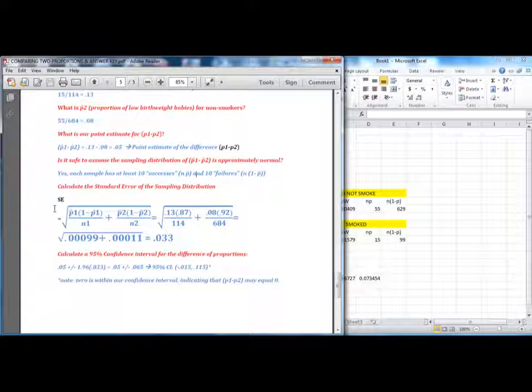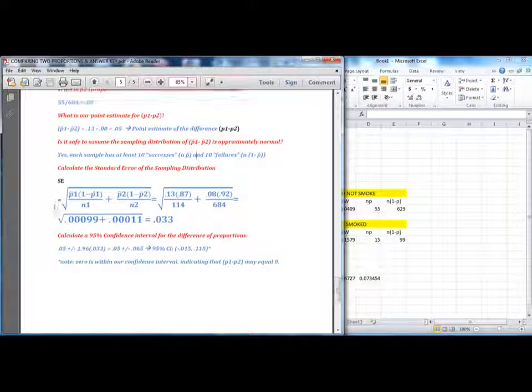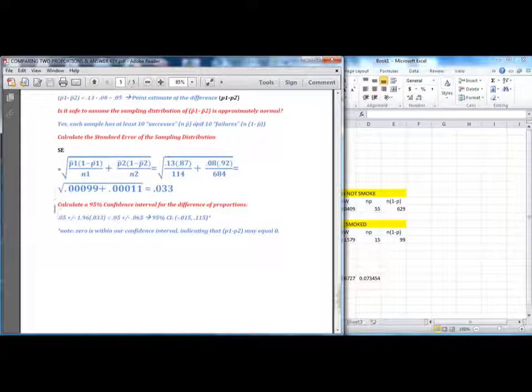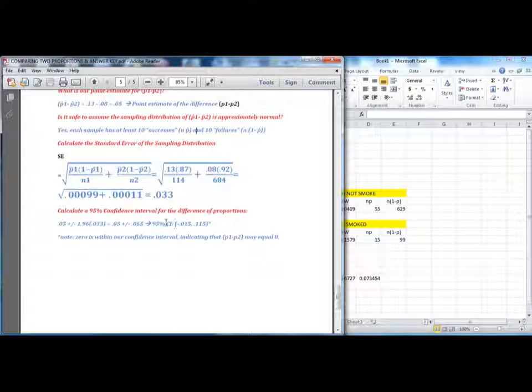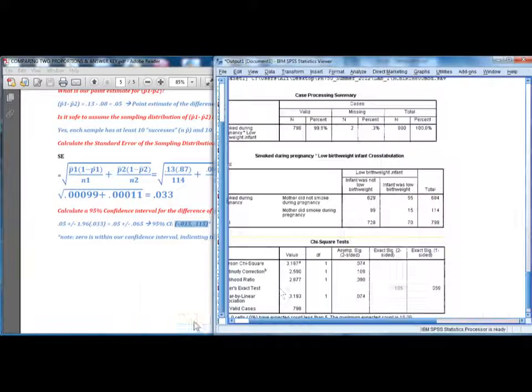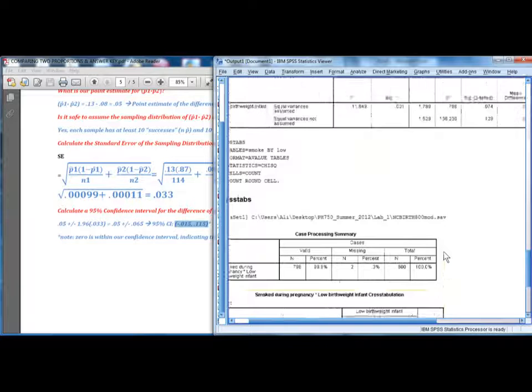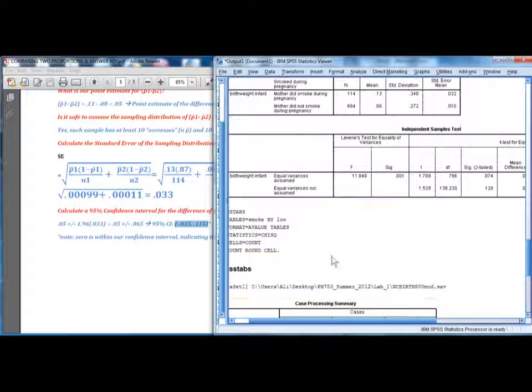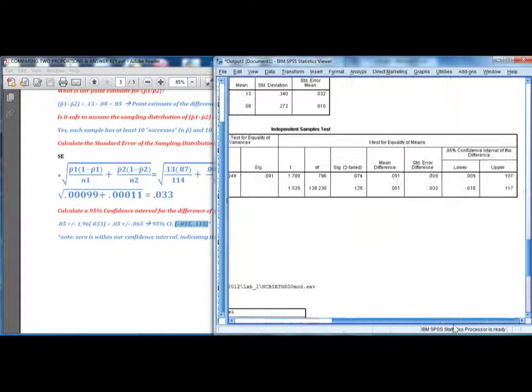So that's fine. We can assume a normal sampling distribution. We calculate our standard error, and with that we can calculate our confidence interval. And as you can see here, our confidence interval, which we obtained from SPSS, remember we looked in our row equal variance is not assumed. Now look at the standard error, 0.033, which we calculated, and the confidence interval is consistent with that.